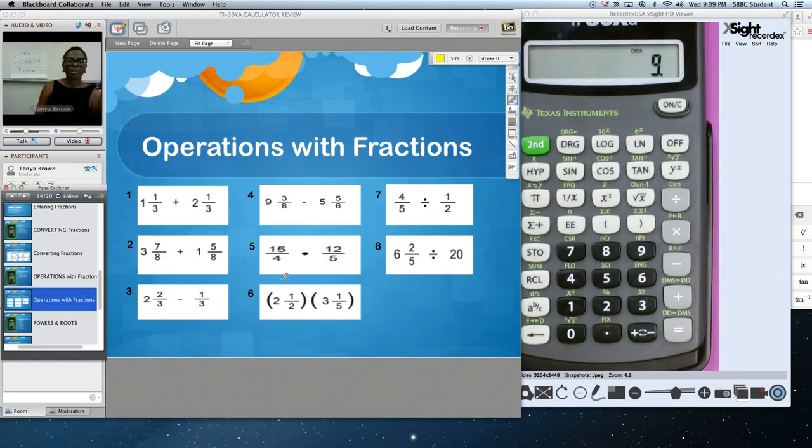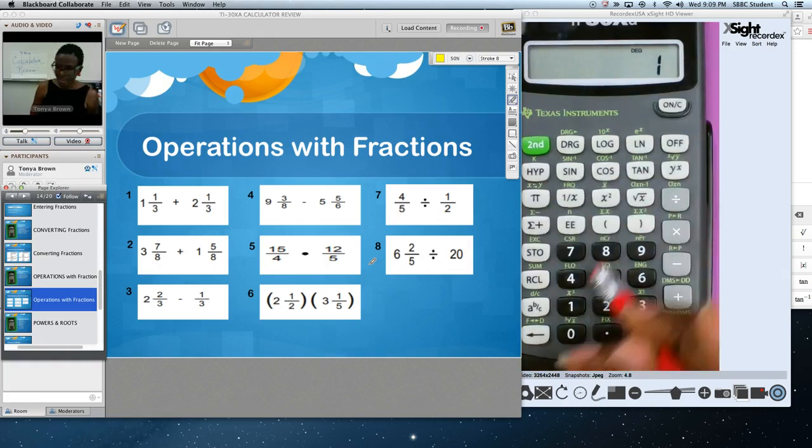So my numerator is 150 plus 30, which is 180. And then 4 times 5 is 20. And 180 over 20, if I put that in my calculator, 180 fraction 20, what do I get? I get 9.